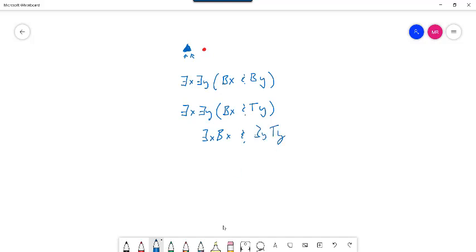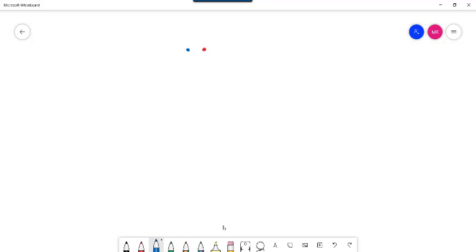So the important thing to realize here is that if you are going to insist that they're not identical, you actually have to build that into the statement. So if I go back to the original two dots and I write there exists an X and there exists a Y, such that X is blue and Y is blue, and what would you add?